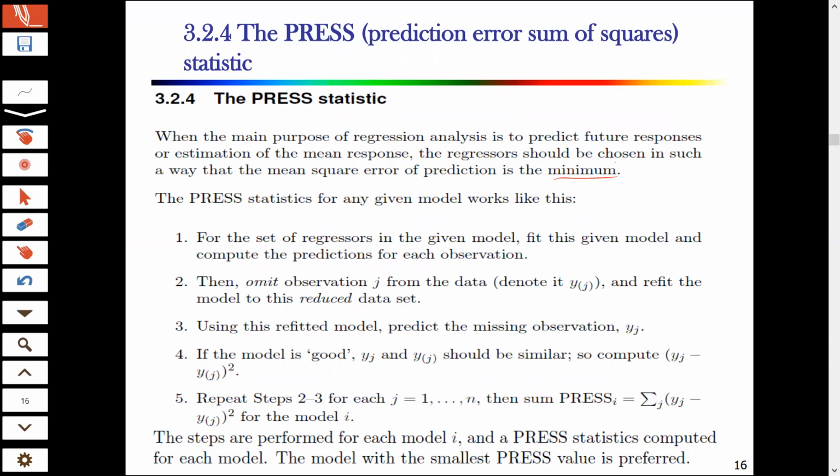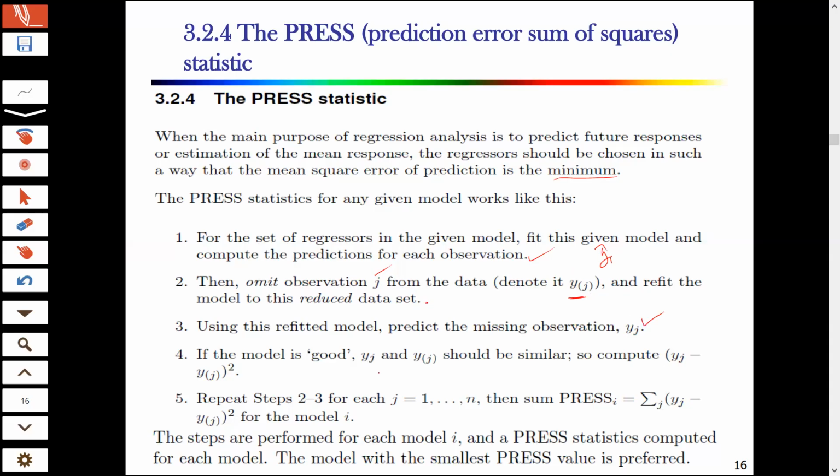For the data set of regressors in the given model, fit the model and compute the predictions of each observation, that means yi hat. Then omit observation j from the data, denote that yj, and refit the model to this reduced data set. That means total observations minus one observation yj. Using the refit model, predict the missing value yj.